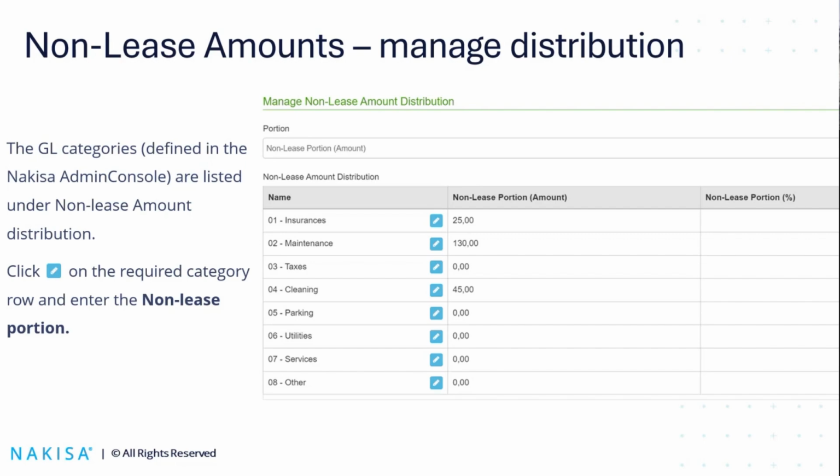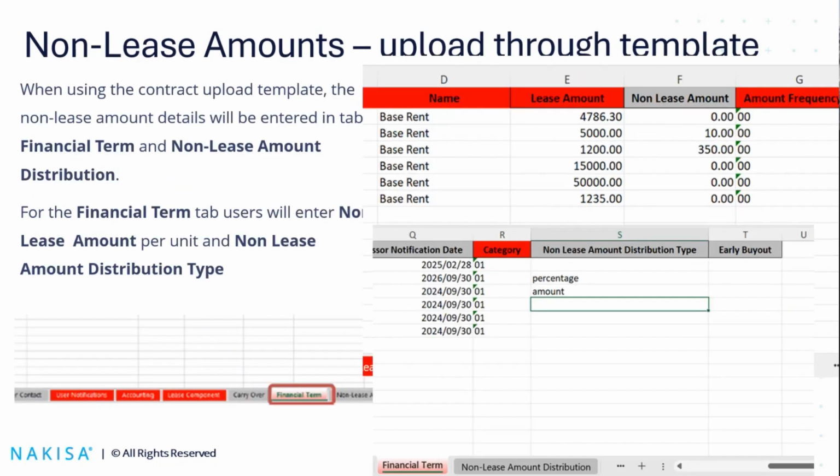This, of course, is at the individual level user interface type of option, but we do have a mass option as well. And in the template, in the financial term and the non-lease amount distribution, the two tabs where you need to enter the non-lease amount, you have the option of entering this for your contracts, and you can do that for as many terms as you need to.